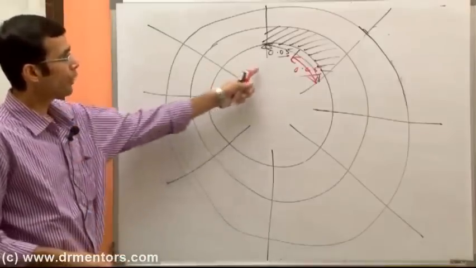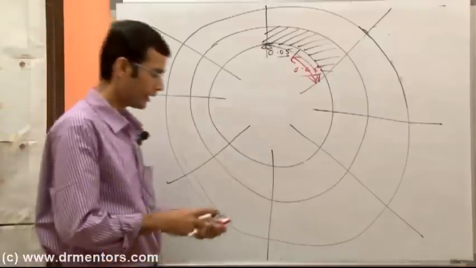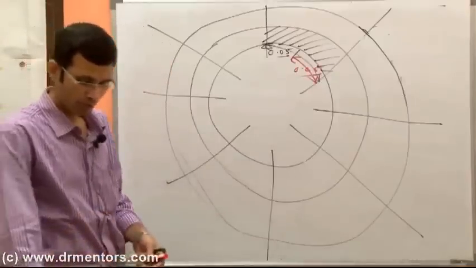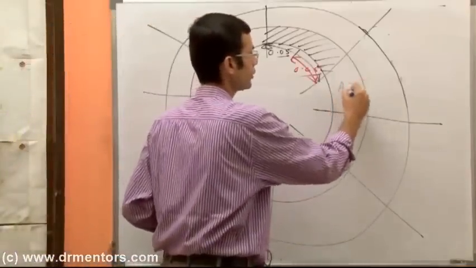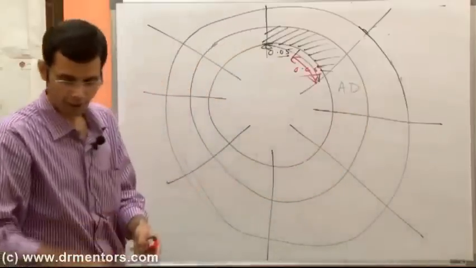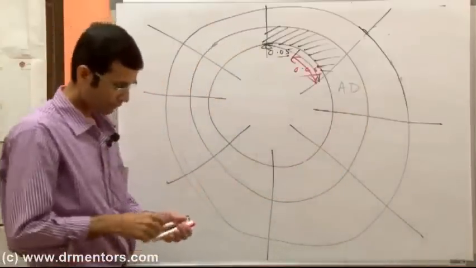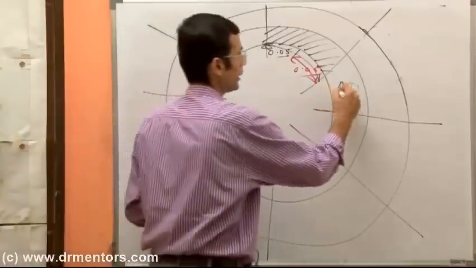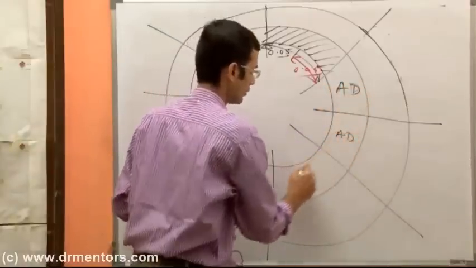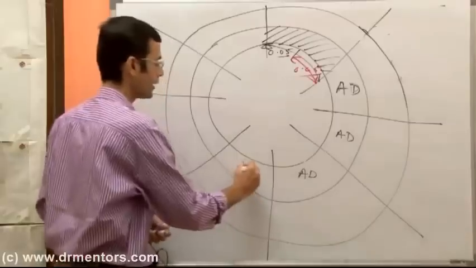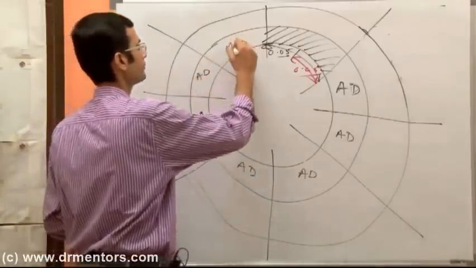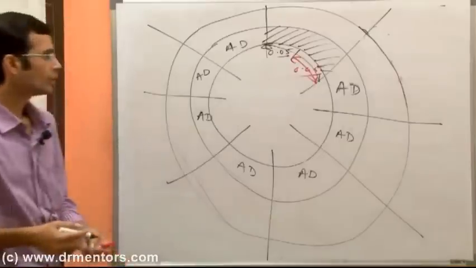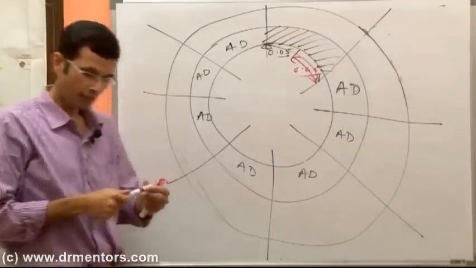Atrial systole, 0.1 second, that's over. Then atrial diastole. For the remaining 0.7 seconds, atria are in diastole. Atria relax and receive the blood.